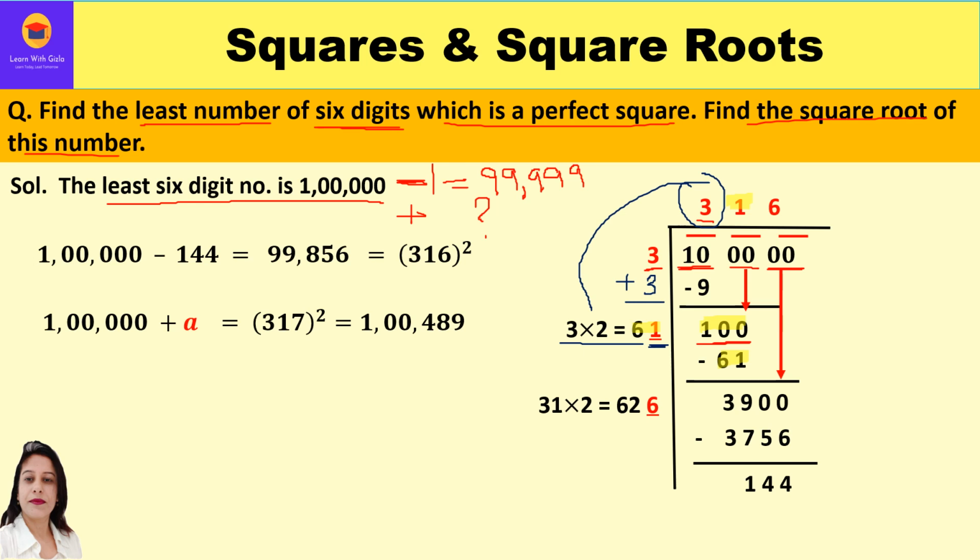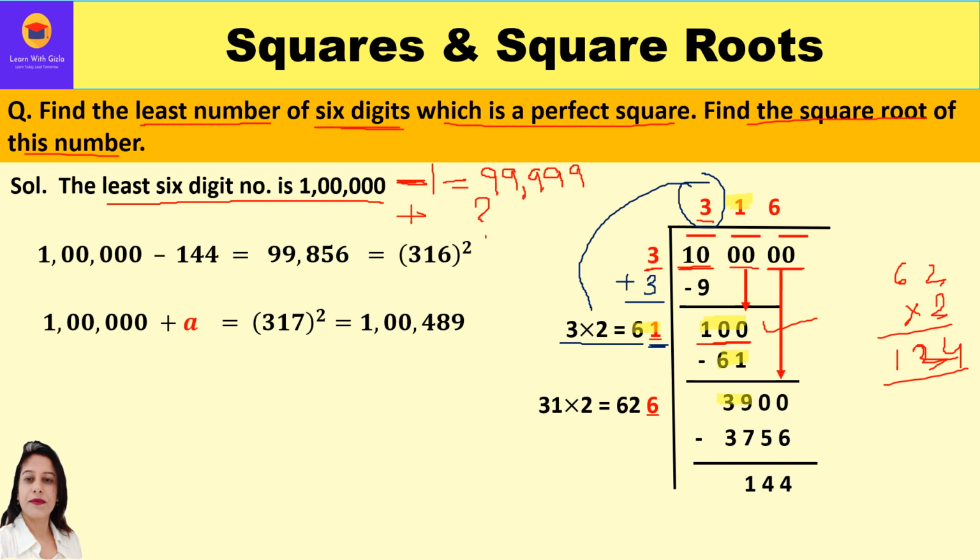So clearly it is 61. We can keep it, because if I try with 62 and multiply by 2, I will get 124, right? So it will be more than 100. So 61 into 1 is 61. Further I shall get the remainder as 39.